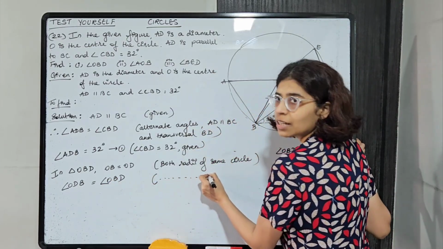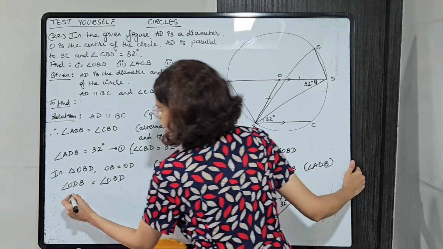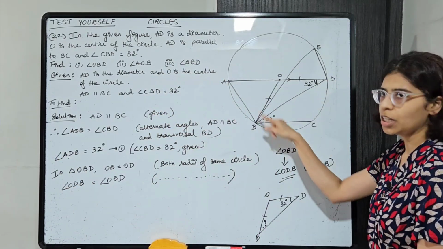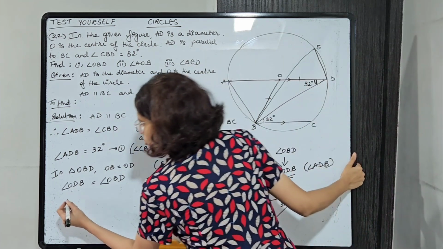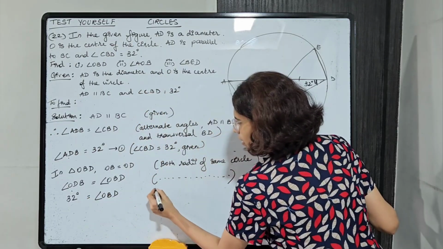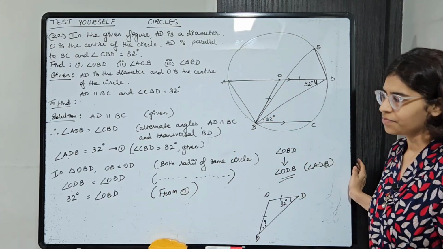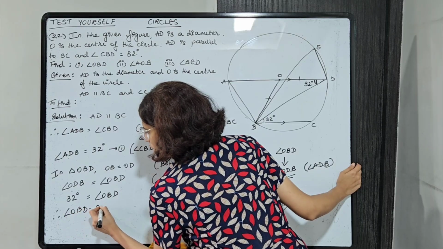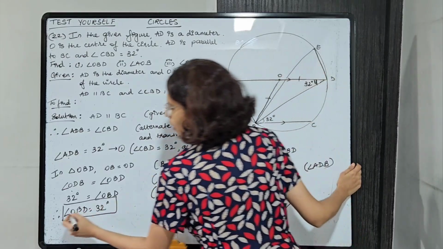In a triangle, angles opposite to equal sides are equal. So angle ODB is nothing but angle ADB. I know the measure of the angle, it is 32 degrees, so put the value from 1. Therefore angle OBD is 32 degrees. Box it, the first part's answer is found.